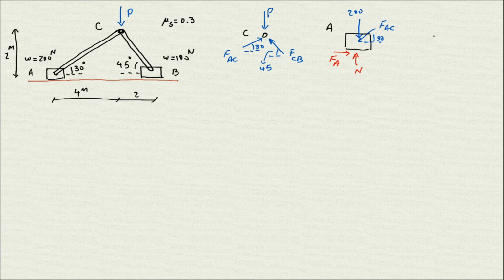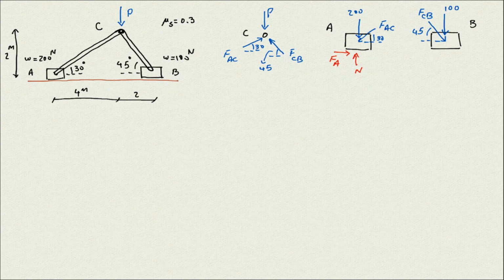And then for the block B, again, the external forces we have is the CB applied there. So it's going to be the CB, and this angle is 45. And then we have the weight applying on that, and the weight is 100 Newton here.